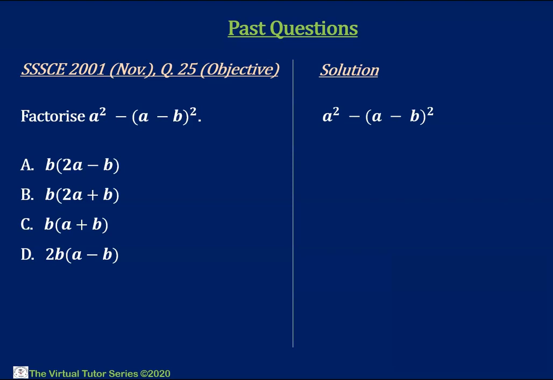This is a difference of two squares and can be factorized as [a - (a - b)] times [a + (a - b)].